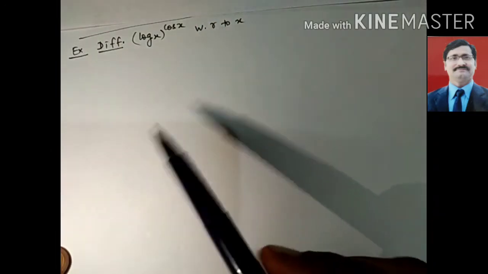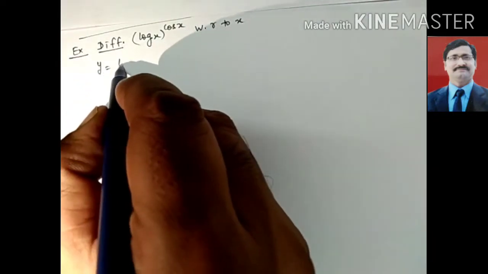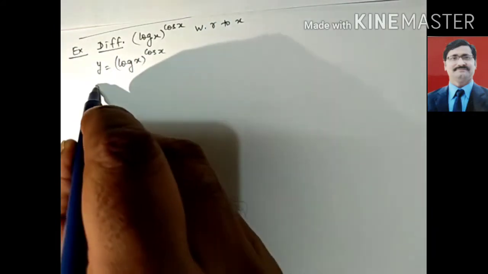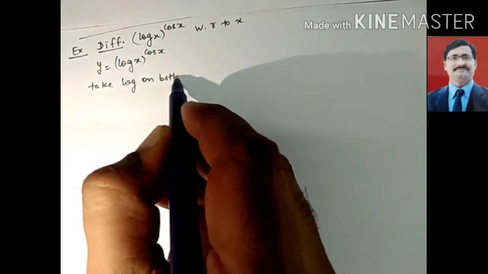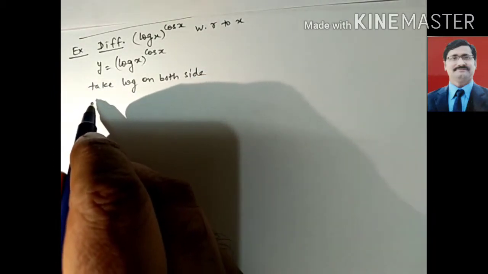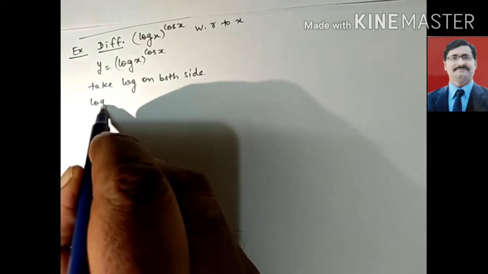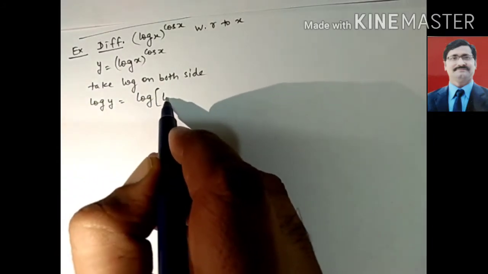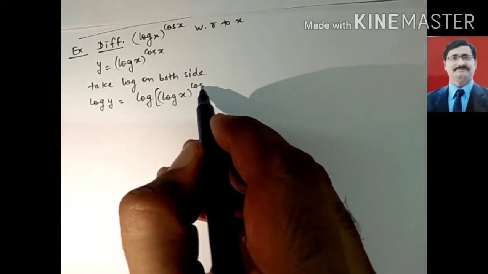This is the method. We have to differentiate (log x) power cos x with respect to x. How we can do these types of questions, you can understand. You can write here y equal to (log x) whole power cos x. Now we take log on both sides. So we get log y equal to log of (log x) whole power cos x.